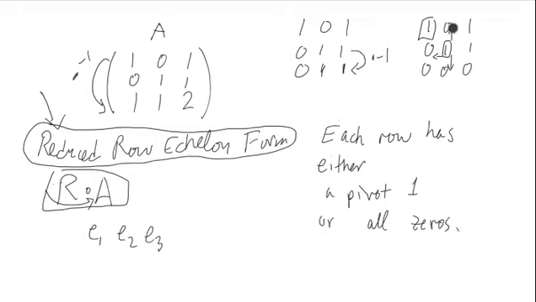A pivot 1, again, is something such that up and down from it are zeros, and to the left of it is zeros.